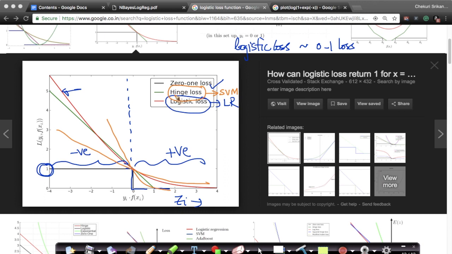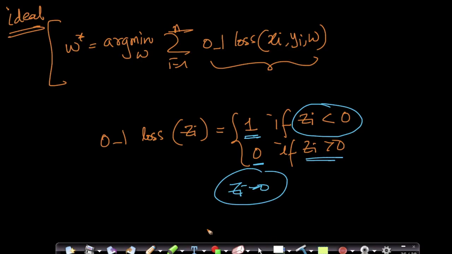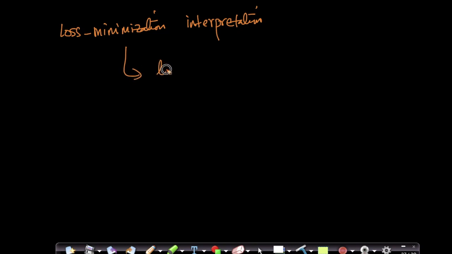What I really love about the loss minimization interpretation of any machine learning classification algorithm is, if you just change the loss function slightly, if you have the loss function as logistic loss, what you get is logistic regression.